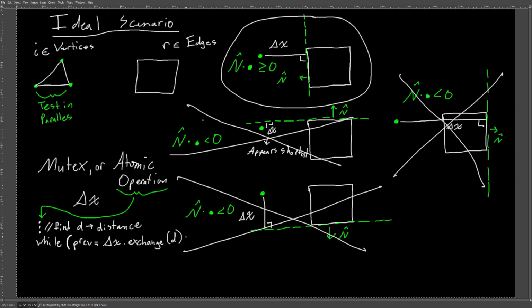Now, the exchange operation will return the previous value, and so we'll do a comparison in the while loop. In case the value returned is less than the value we fed in, well, we know that there was already a shorter distance being held by that atomic variable. So we'll need to try to swap it back in.